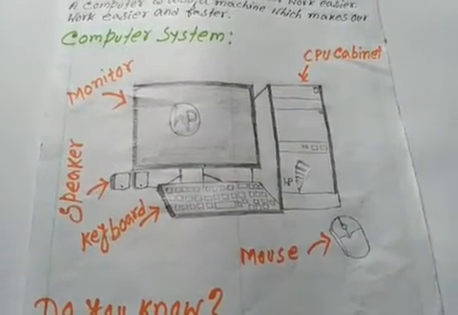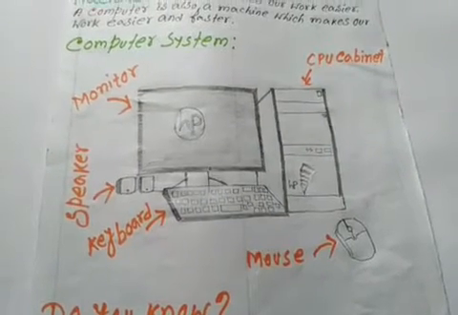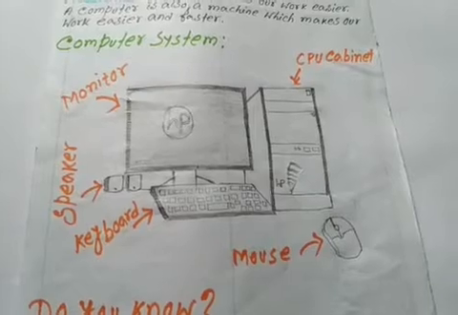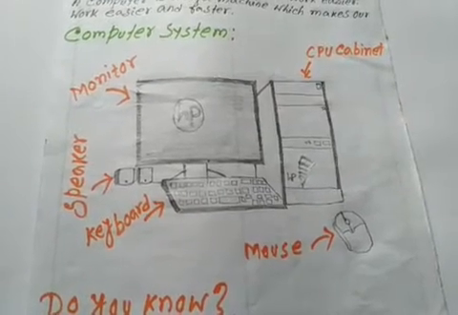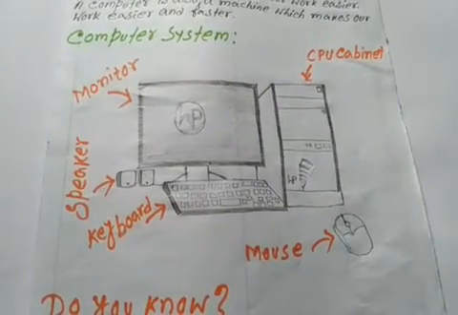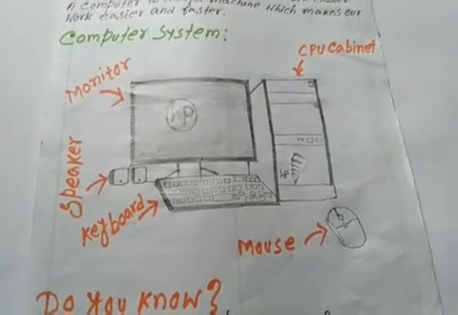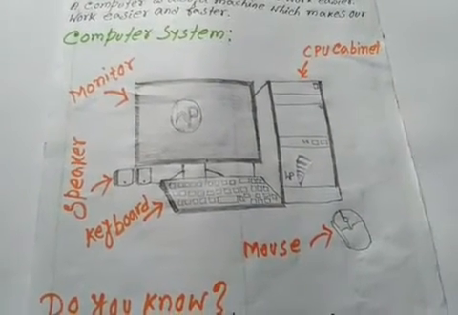Output means producing results by output devices like monitor, speaker, printer, etc. Process means working on input data by the CPU, then storing data in memory.